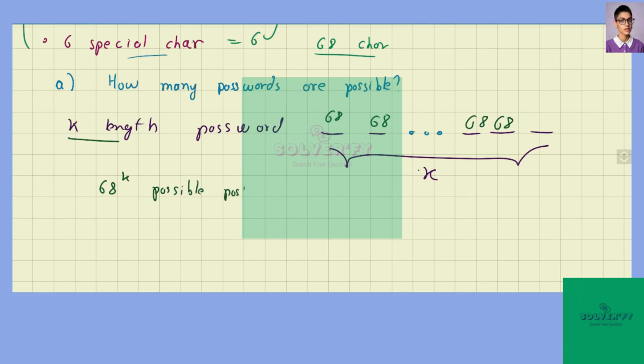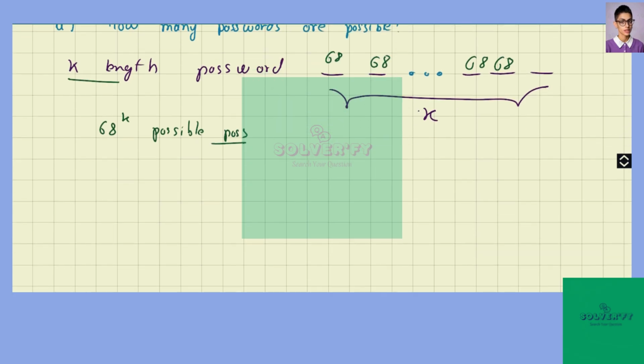But now we have a limit for the length: the length of the password k should be less than or equal to 12, and greater than or equal to 8. So this gives us a range of the length of the password, and k of course is going to be a positive integer value.